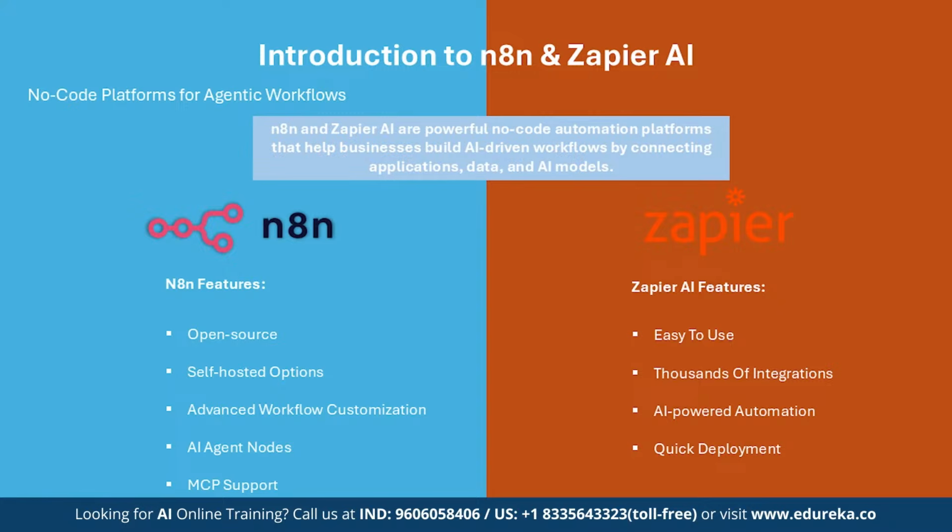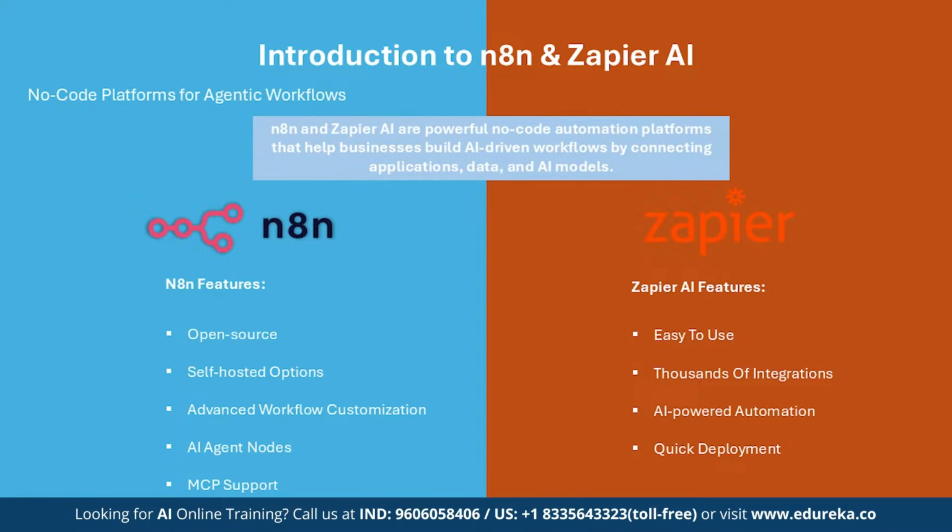So that is where no-code and low-code platforms come in. Platforms like n8n or Zapier AI are leading the charge. They allow you to build sophisticated workflows visually with the help of drag and drop features, or you can simply use plug and play. So n8n is great for developers who want control.